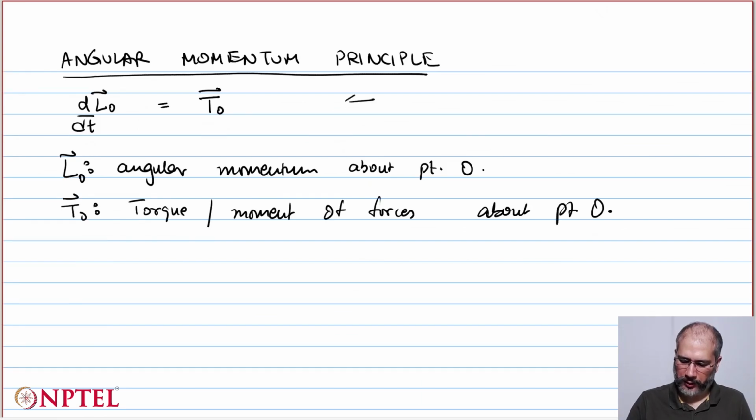Of course, in writing this, we are assuming that there are no concentrated moments acting on the body. So this torque is simply a torque because of all the body and the surface forces acting on the object, and does not contain the contribution of concentrated moments about the point O. And this absence of concentrated moments basically means that we're talking about non-polar materials.